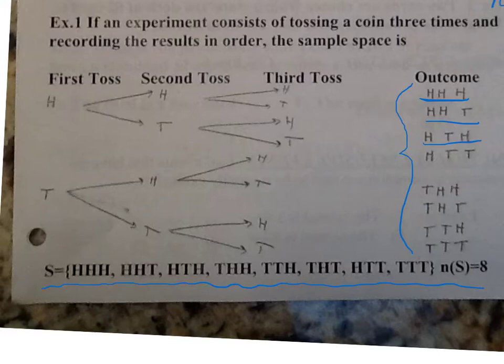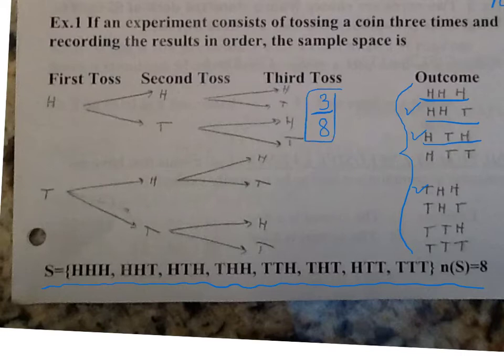The first question on the back side says, what's the probability of getting exactly 2 heads? Looking at all my choices for exactly 2, there's one that has exactly 2, another one with exactly 2, another one with exactly 2. So for exactly 2 heads, there's 3 out of 8 total possibilities.